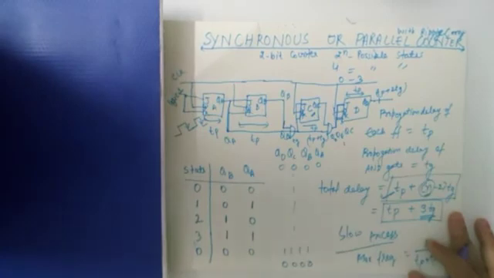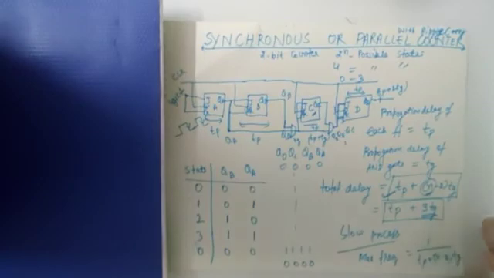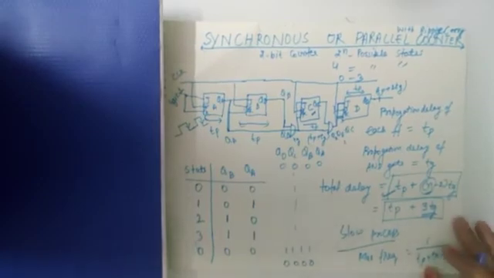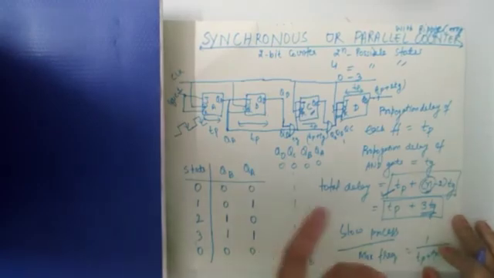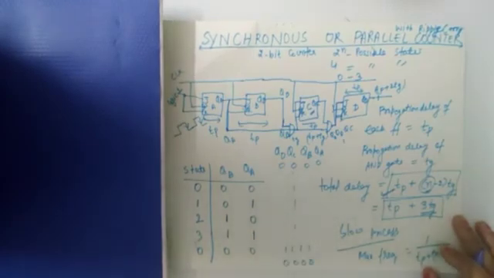The drawback of the synchronous counter with ripple carry is that the propagation delay is more, so it will take more time to produce the output, and the process will be slow. This limitation will be overcome by considering a synchronous counter without ripple carry.